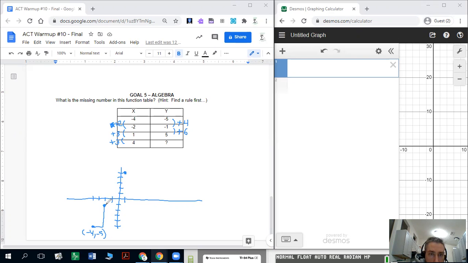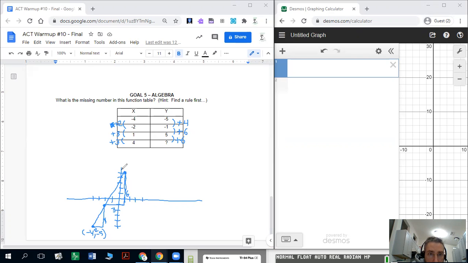And then it's going to the right 3 and up 6. So 2 to 4, 3 to 6. So if it's going up another 3, it should be going up another 6 if I have that right? So if I'm going to 4, 1, 2, 3, 4, then I should go to 11.